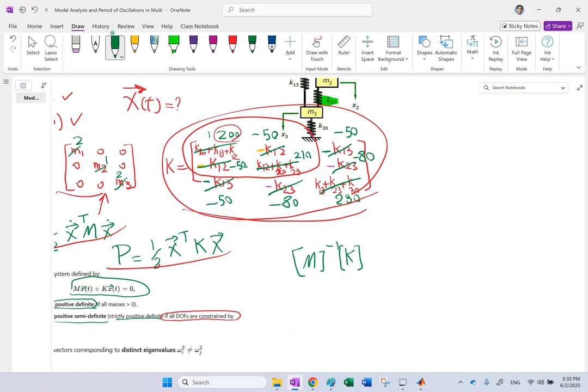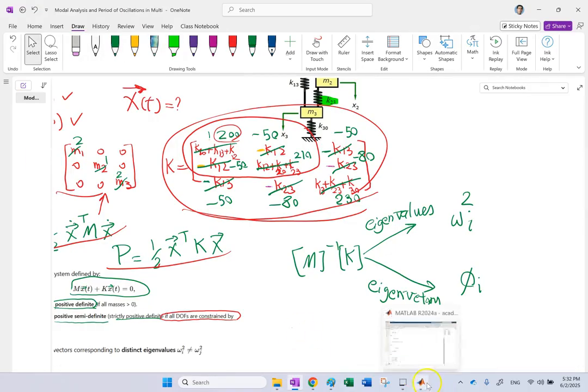We find it in this system, and then the eigenvalues of that, as you know, are the natural frequencies of the system squared, and it also has eigenvectors, which are going to be the mode shapes of the system. We can maybe show them with phi i. So let's go ahead and do that, and for that we can use MATLAB.